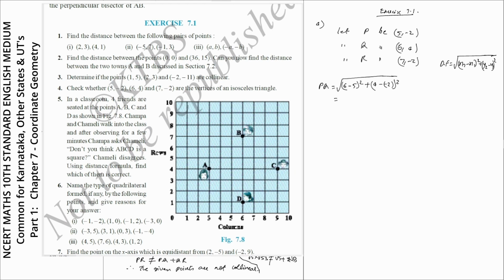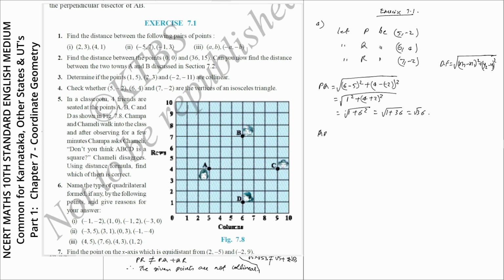So this is equal to 6 minus 5 is 1 squared, plus 4 minus of minus 2 is plus 2, so I'll get 4 plus 2, the whole square. Here 1 squared is 1, 4 plus 2 is 6, 6 squared is 36. So this is equal to 1 plus 36, so I'll get the square root of 37. PQ is square root of 37.